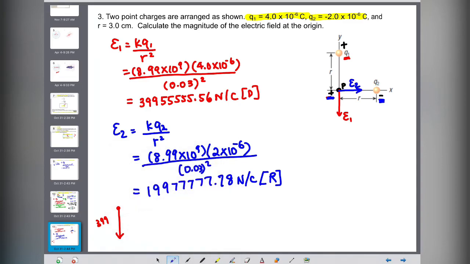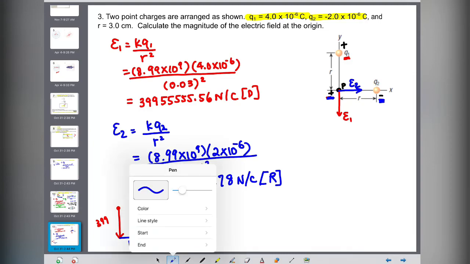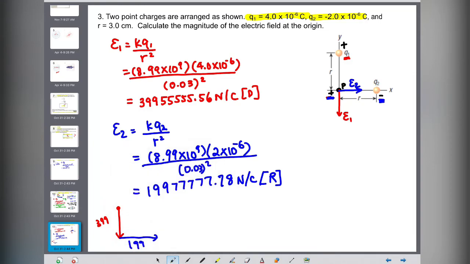And then it's going to go down, and then it's going to go towards the right at 199. And so the overall epsilon net will be this one. So E net, epsilon net, and it's a right angle triangle, so I'm going to use the Pythagorean theorem. And because this is a vector, I need to find the angle. All right, so epsilon net, Pythagorean.